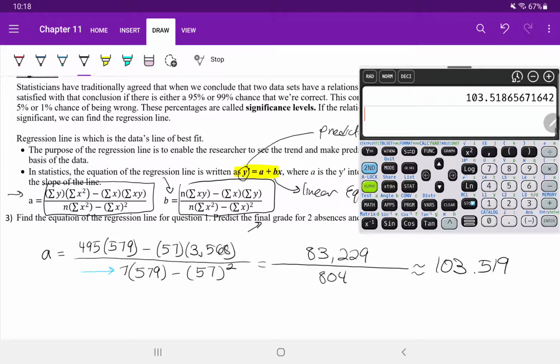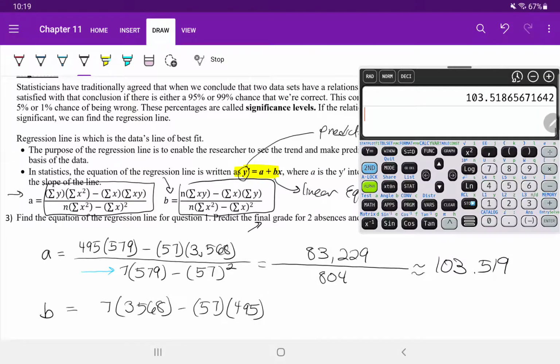Let's find the slope now of our regression line. So n is 7 because we had 7 students. So 7 times the sum of x times y, that is going to be 3568, minus the sum of x, which was 57, times the sum of y, which is 495.